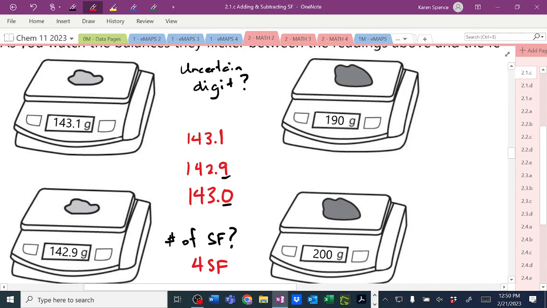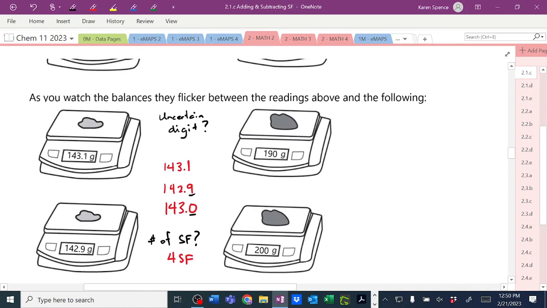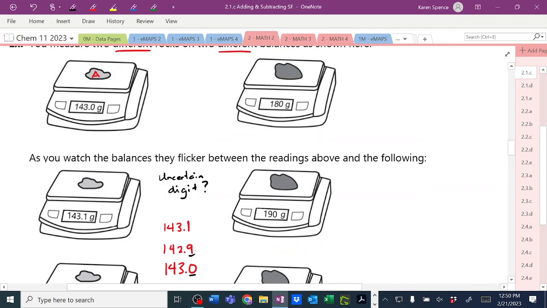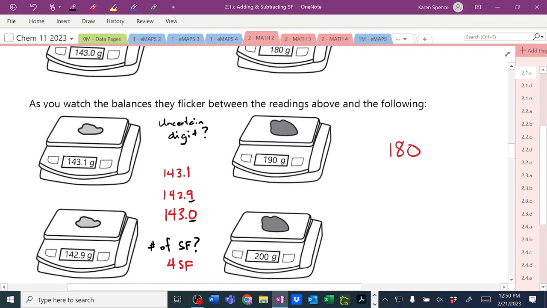Excellent. Now let's take a look at our other rock, rock B. So here's rock B. At one moment, it weighs 180. But then it flickers, just like the other one, to 190, and then it flickers to 200.